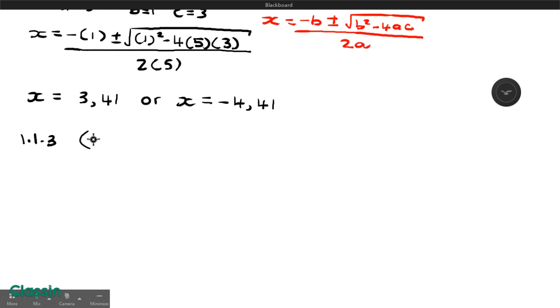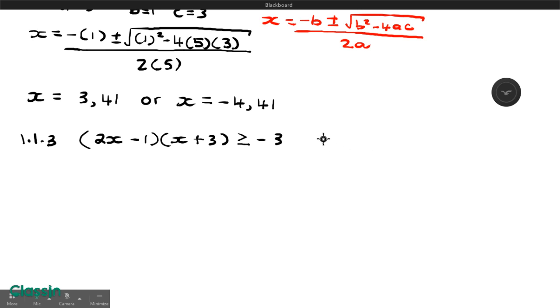This one, which was given in November 2022 at Eastern Cape, was (2x minus 1)(x plus 3) must be greater or equal to negative 3.